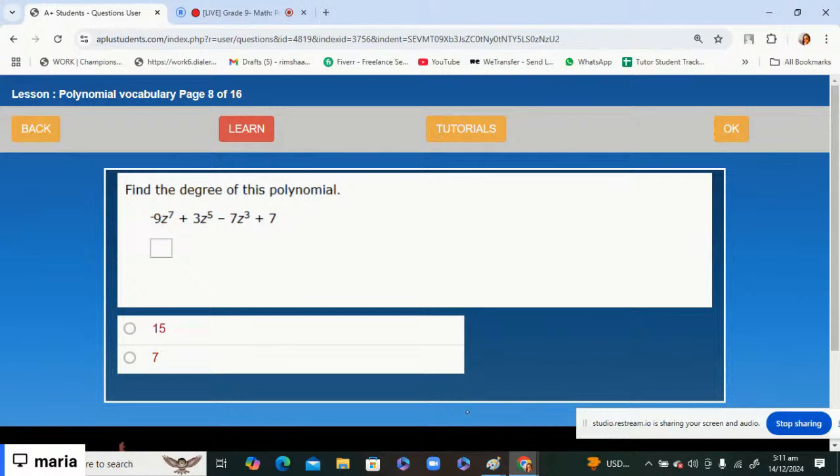Now, what is the degree of this polynomial? Now, you guys think about it and then tell me the answer in the chat. What is the highest degree of this polynomial? It's minus 9z power 7 plus 3z power 5 minus 7z cube and plus 7. So you check it out. What is the highest degree here?